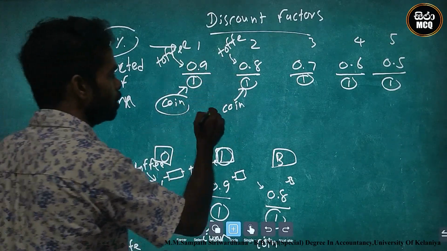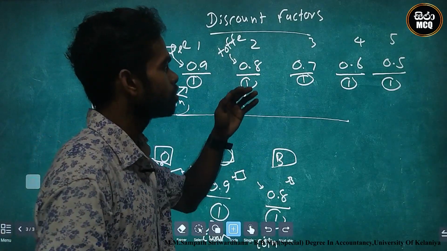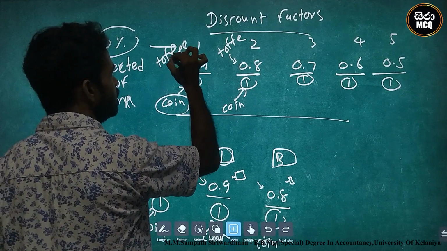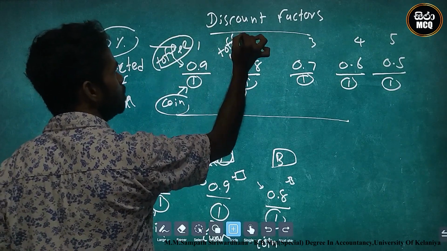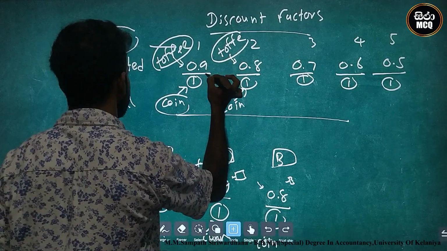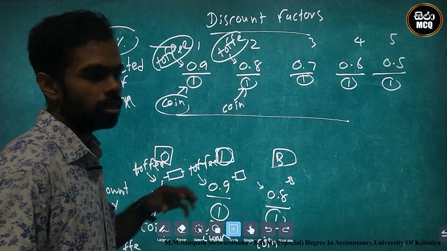What is the result? Multiplied by 100 or cash inflows. These discount factors are used to find the NPV. NPV means toffee value. These discount factors are decreasing based on the expected rate of return increasing.